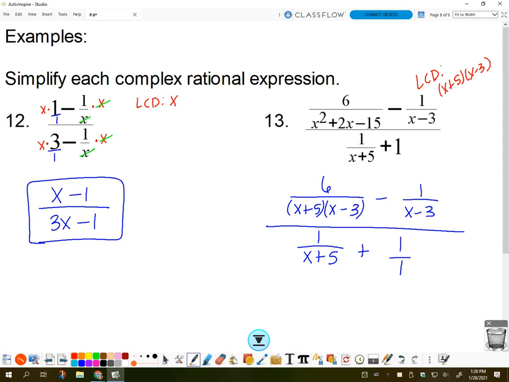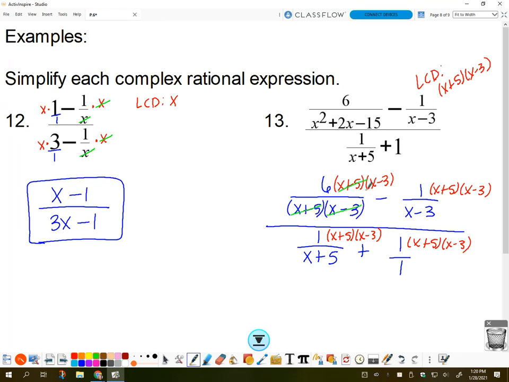So for every term, we're going to multiply by x plus 5, x minus 3. When you multiply something, it multiplies on top of a fraction. You don't have to show this step, but it's easier if you show it so you can see what's canceling and what's not.